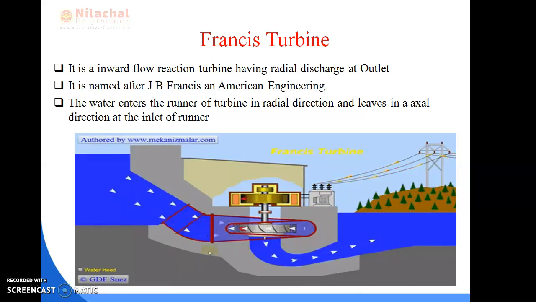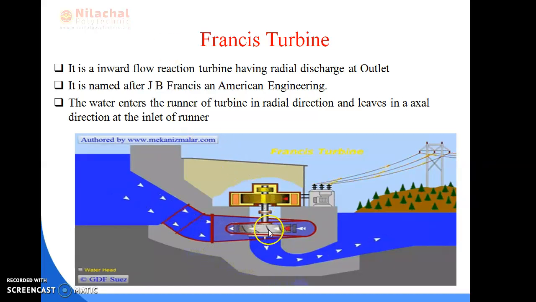Why do we make it spiral? To produce the kinetic energy of water in such a way that the area of flow goes on decreasing, and hence we convert some part of the pressure energy into kinetic energy.